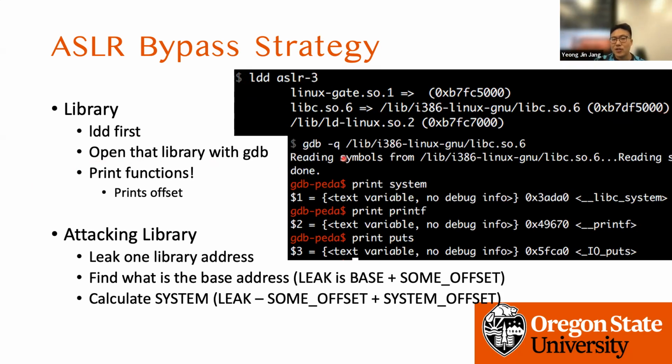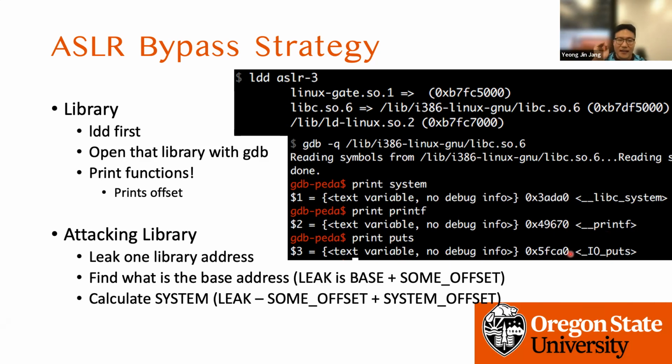If you open GDB with that binary program, you can print the offset of the system, offset of the printf, offset of the puts, any kind of function. And then if you calculate the distance between these functions, that will be fixed.